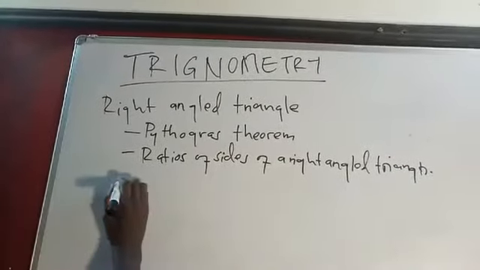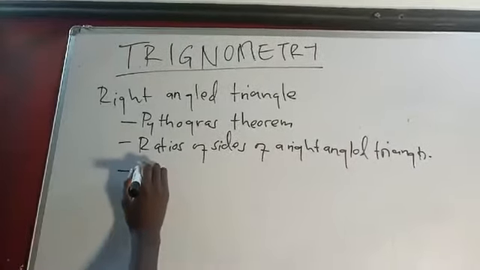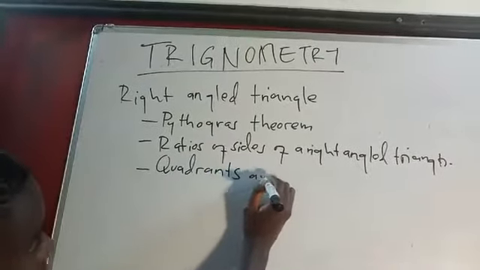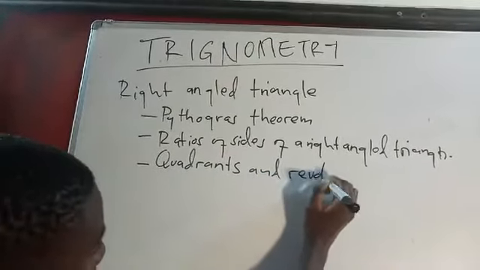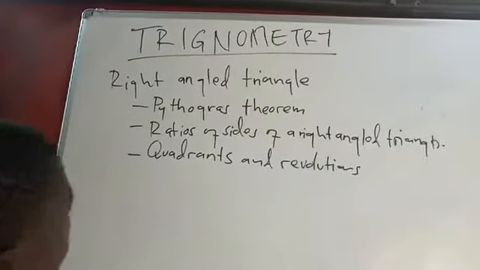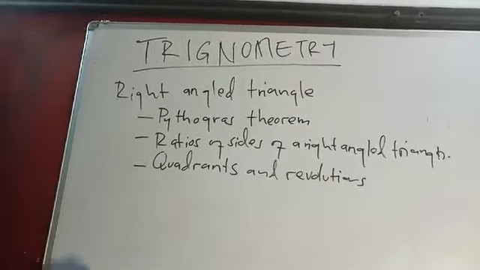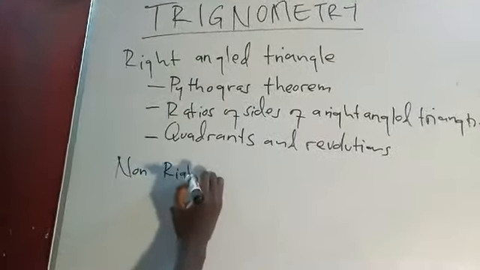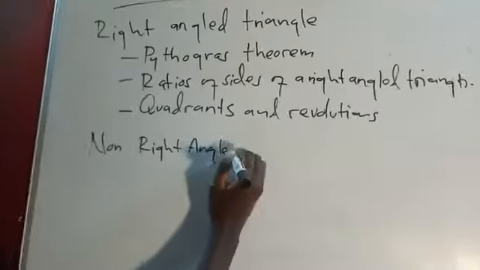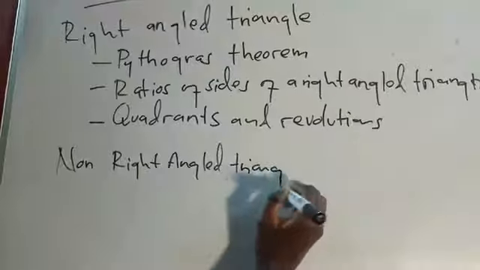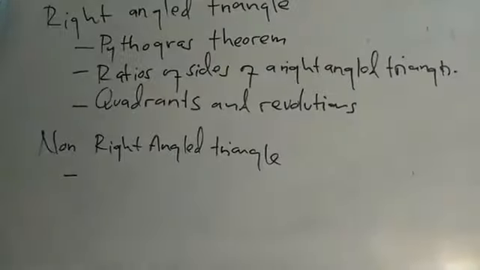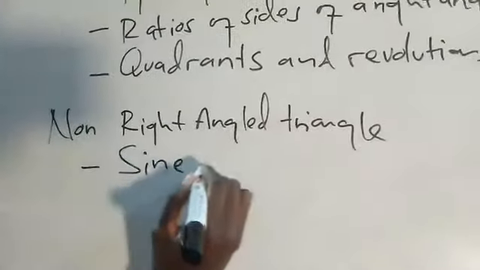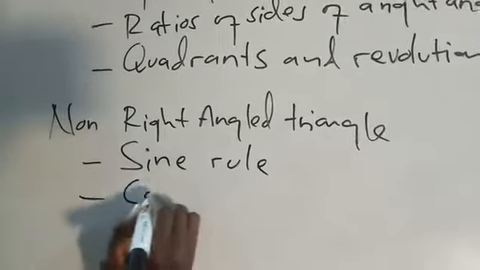And another, we'll look at what we call quadrants and revolutions. Then after, we look at what we call non-right angled triangle. And here we are gonna study about what we call sine rule and cosine rule.